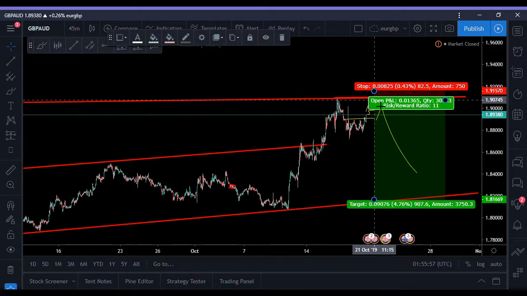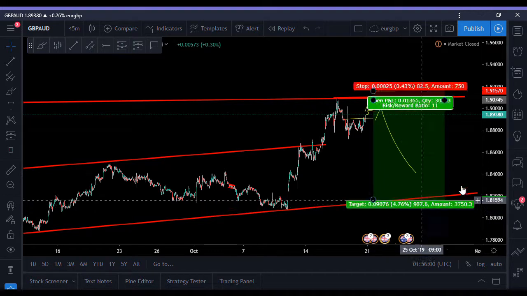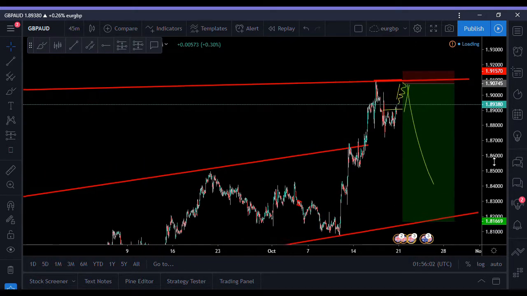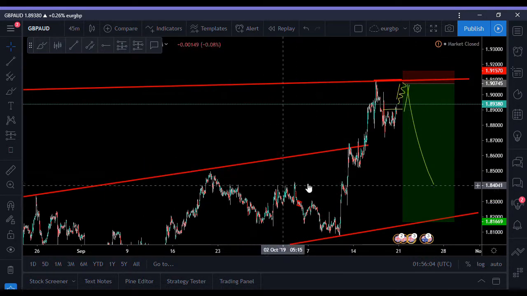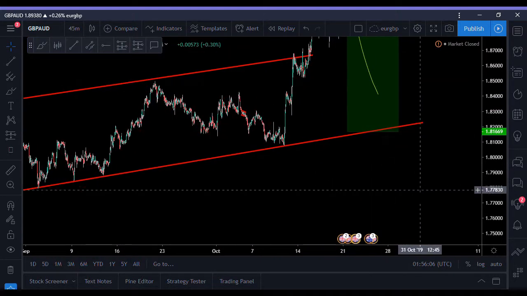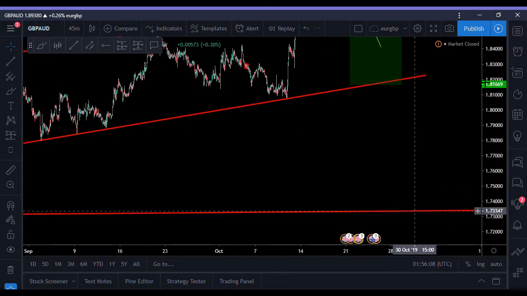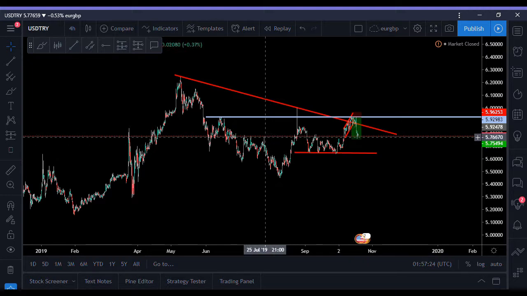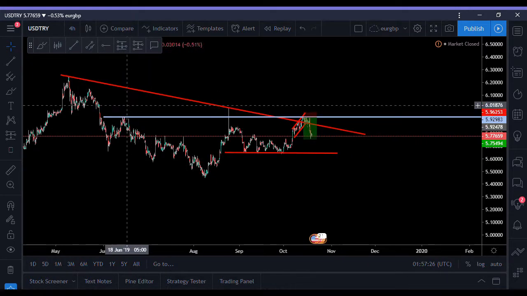So from here, taking 4% to here, then from there we can see how price is gonna move. Either it's gonna bounce back in this ascending channel, or it can actually break and move to the downside.